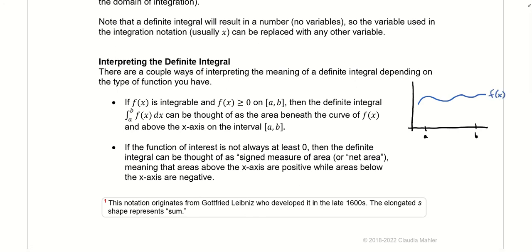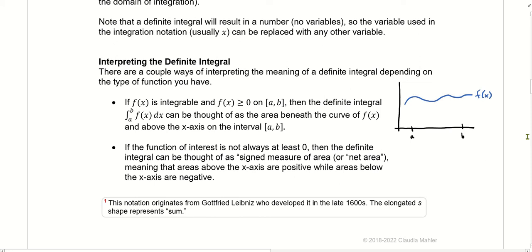So when we talk about the definite integral in this sort of scenario, when our function is completely above the x-axis on the interval of interest, the definite integral can be thought of as, I'll draw that in there, the area beneath the curve of the function and the x-axis. So is this area bounded by the function's curve and the x-axis below it?